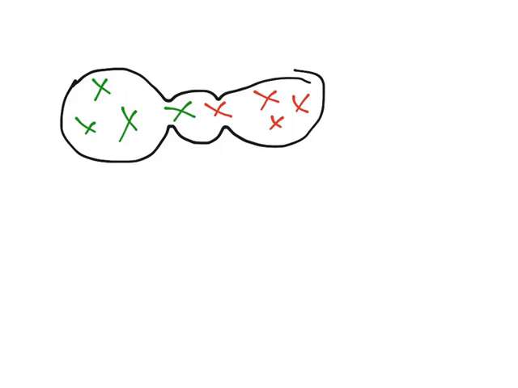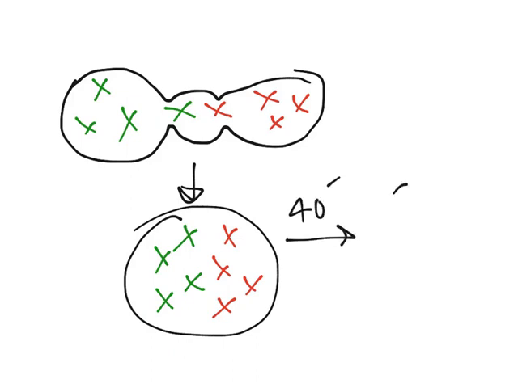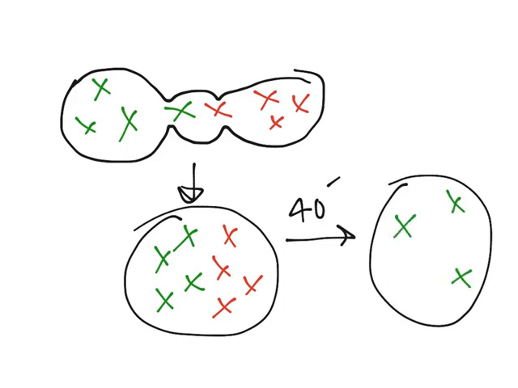And what he saw over time was that first those two cells fused. But then if you waited a while, and he waited about 40 minutes, what he found was that now you saw fluorescence of both antibodies throughout the cell. So those antibodies had mixed.